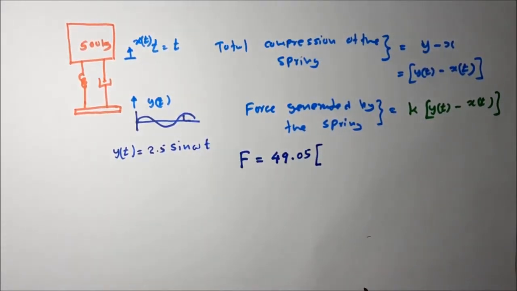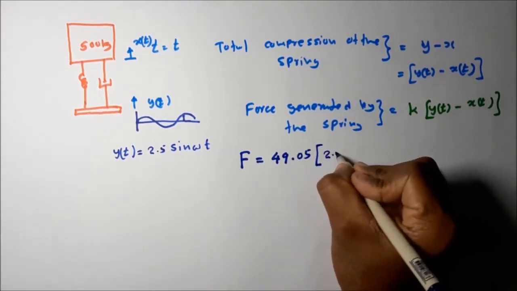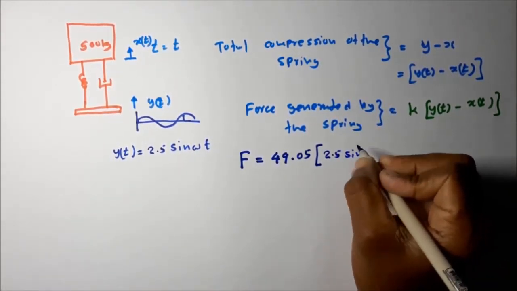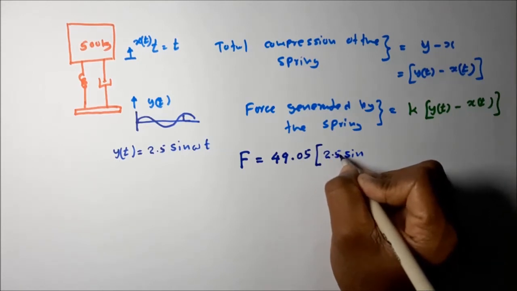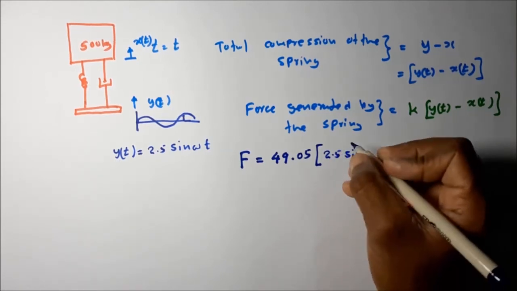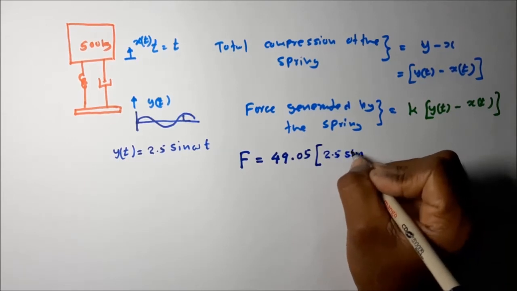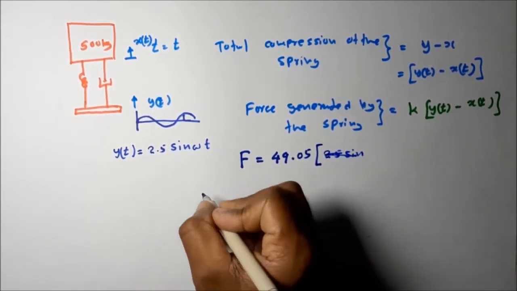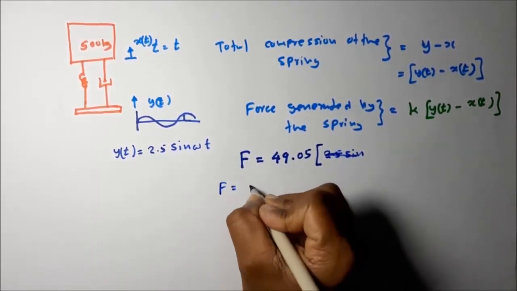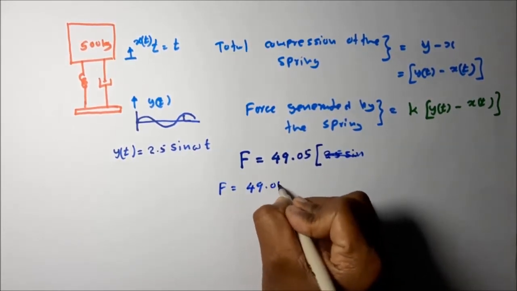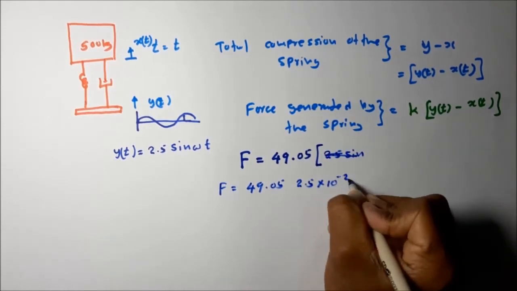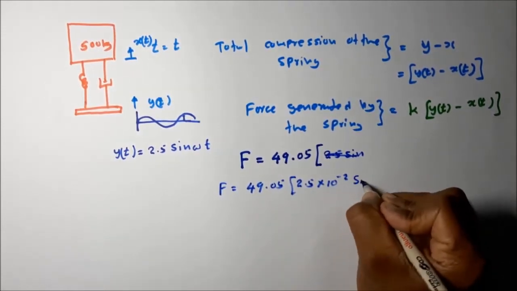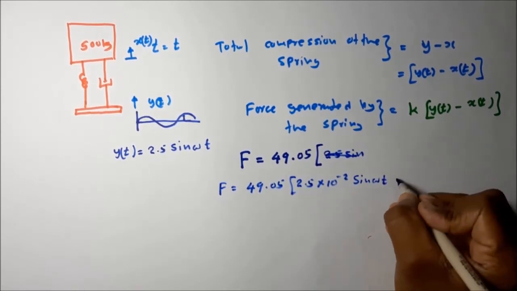This we have to convert into meters. So F is equal to 49.05 times 2.5 into 10 to the power of minus 2 sine omega t minus x(t).